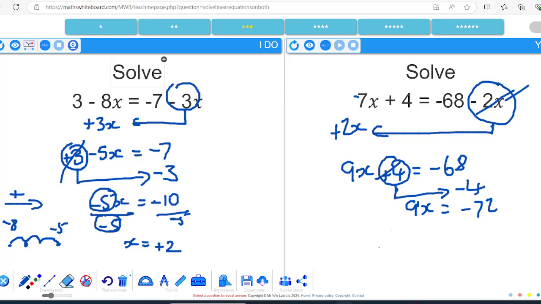Okay, and then we're looking to do the last step, which is to divide through by the coefficient, which is the same number at the front of x, and divide how many 9s go into 72. 9 goes into 72 8 times, and a negative and a positive is going to give me a negative.